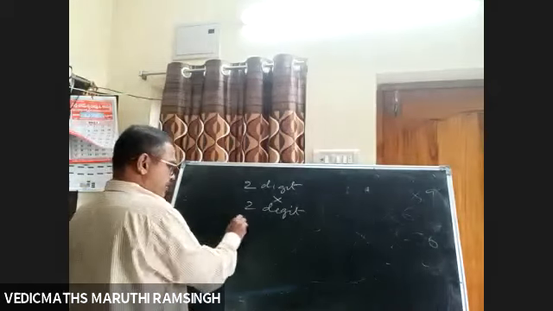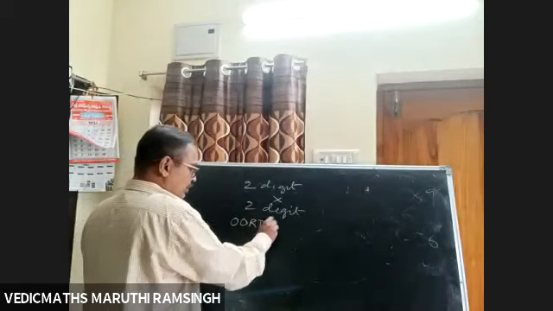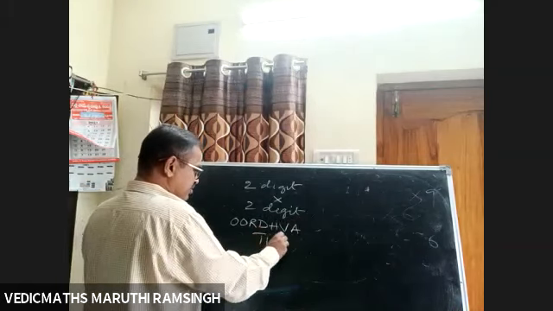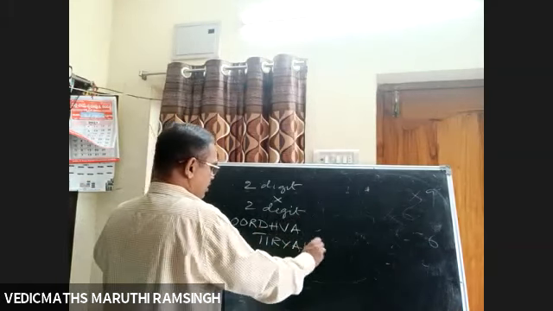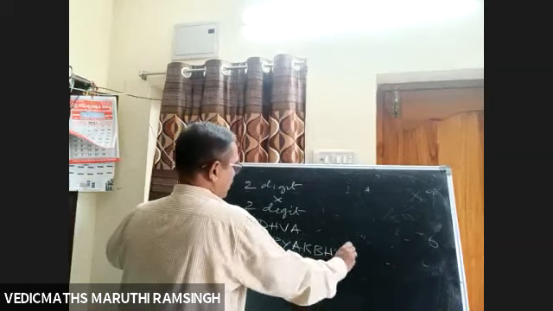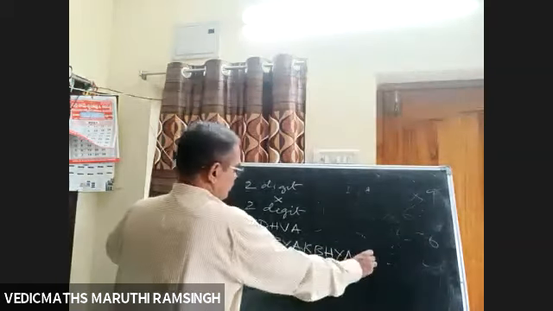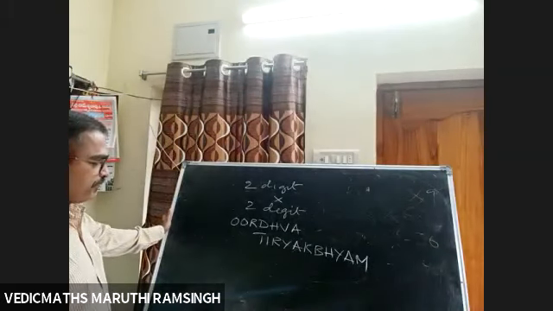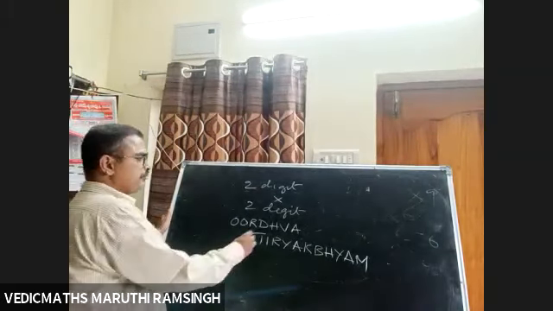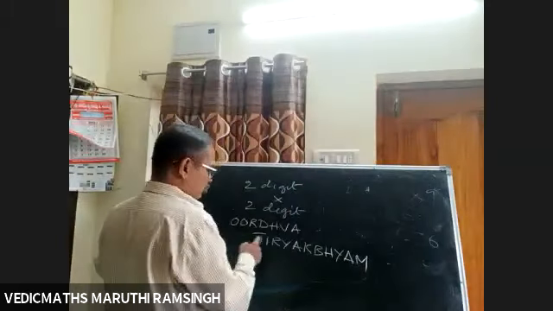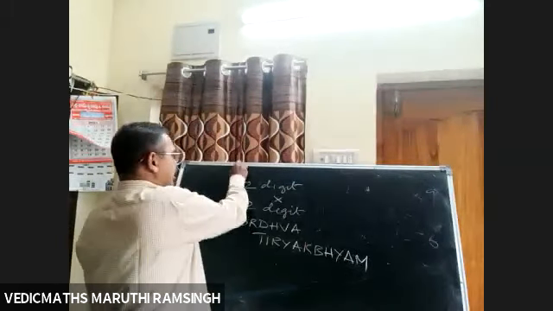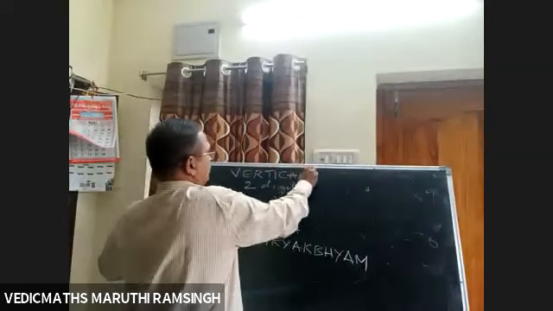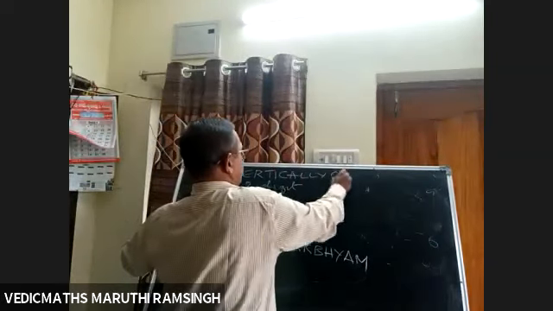Today's topic is two digit into two digit. It is called Urdhva Tiryak Vyam in Vedic maths. Urdhva Tiryak Vyam in English means vertically crosswise.